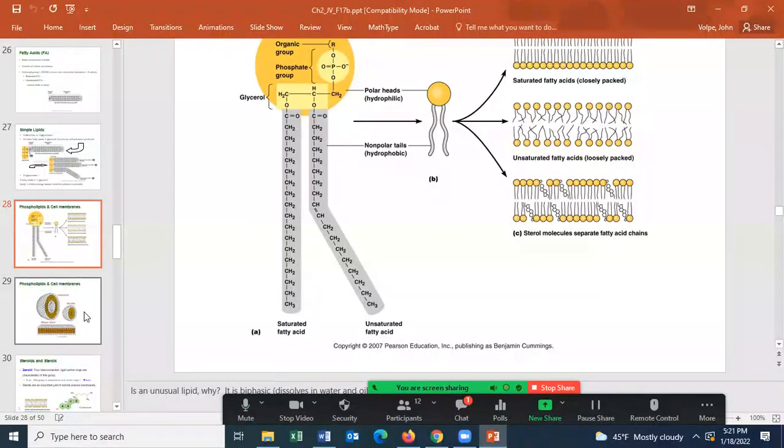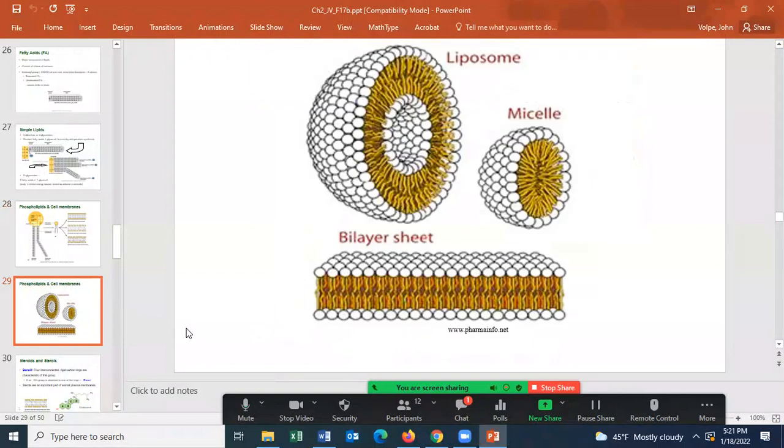All right. When we put phospholipids together in water, they start forming this way because this part of the molecule likes to face the water this way, and this part of the molecule likes to face the water this way. And then the hydrophobic tails come together because they don't like being around water.